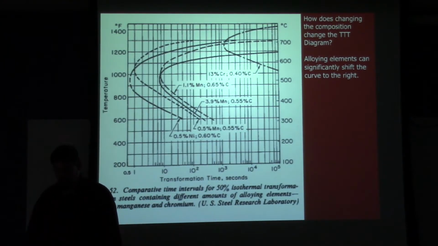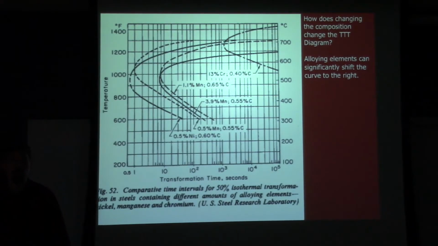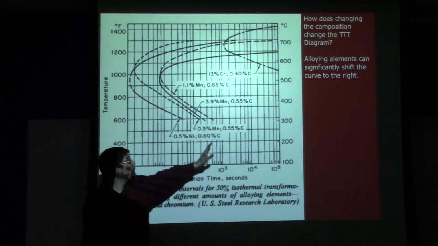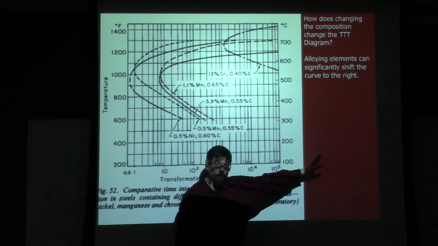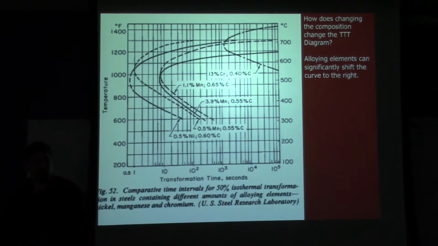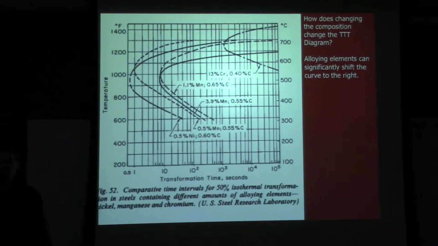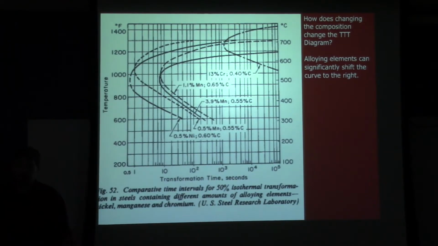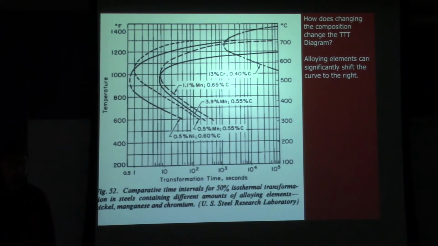So I can take my time to get that one to the quench tank. Or in certain cases, it might be pushed so far to the right that I don't have to take it to a quench tank at all. I can just let it cool under ambient conditions and I will miss the nose of that curve. Those are specialty alloys, but there are some out there that are like that.